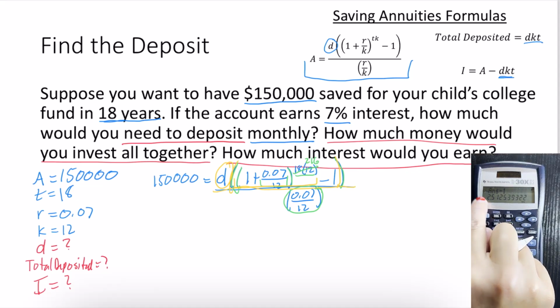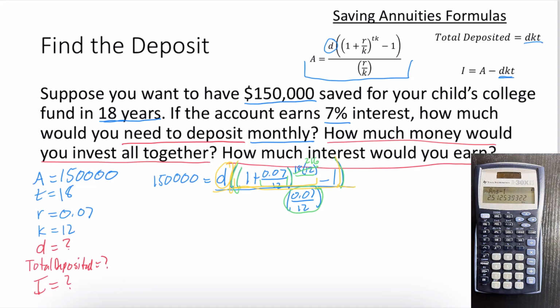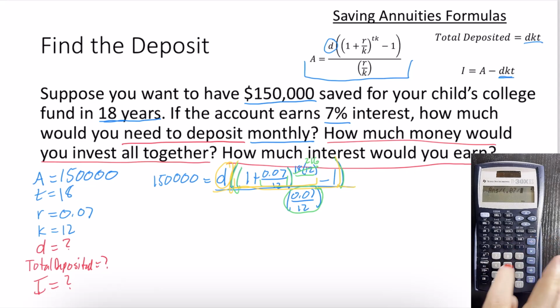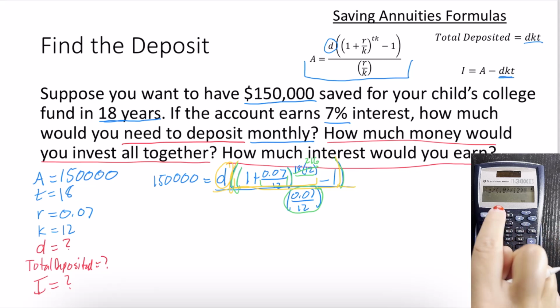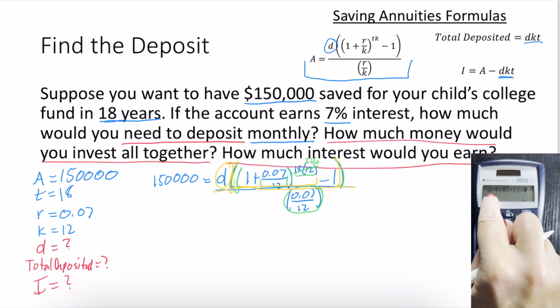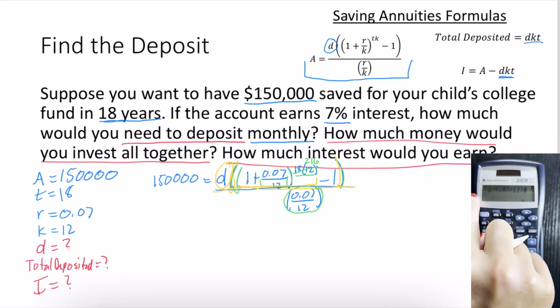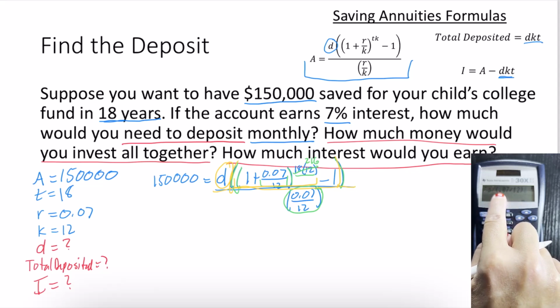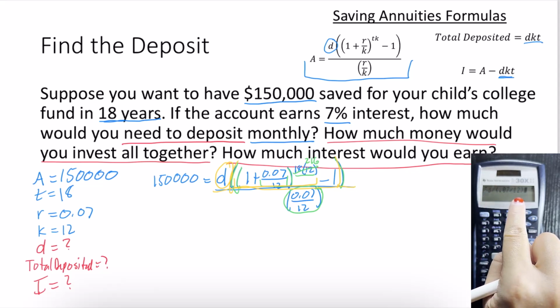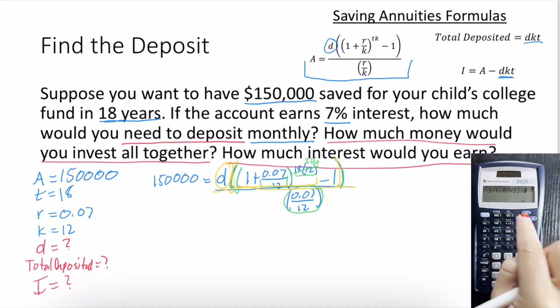So I'm going to take this number that represents all of the stuff in the big set of parentheses on top, and I'm going to divide by, in parentheses, 0.07 divided by 12. And it's really important you put these in parentheses, because if you don't, it's going to take your answer and divide by 0.07 and then divide that answer by 12, which is a totally different answer than the thing we're looking for.